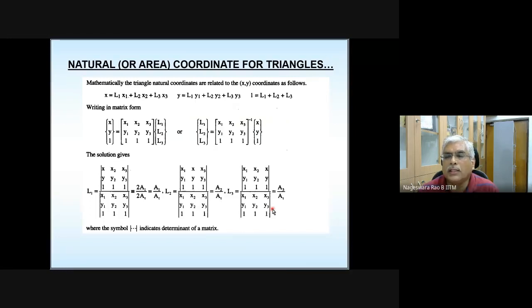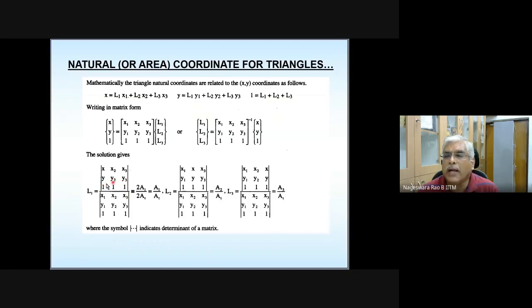Is it clear? You verify L1 is half, L2 is half, L3 is 0. How do I get this half? You need to go back and apply the identities related to determinants in matrices. If you have a column as a linear combination of other columns, see how the determinant behaves.